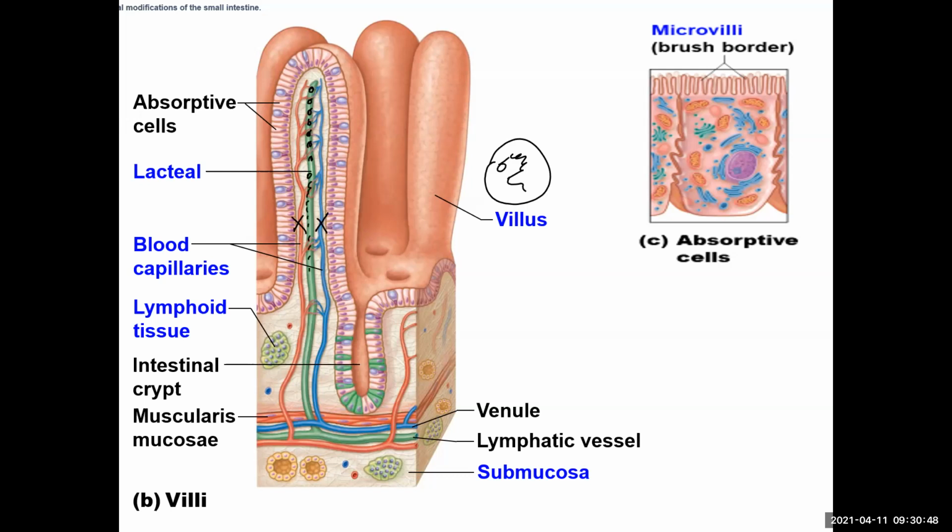Remember the lymphatic system collects all the lymph and brings it back to the subclavian vein. So your chylomicrons will be delivered to the subclavian vein, and that's how the fats are sent to the blood. So they are not absorbed directly in the blood. They're absorbed through the lacteals, the specialized lymphatic vessels.